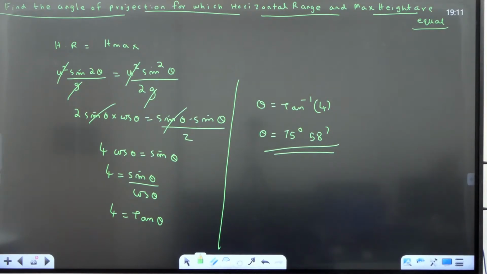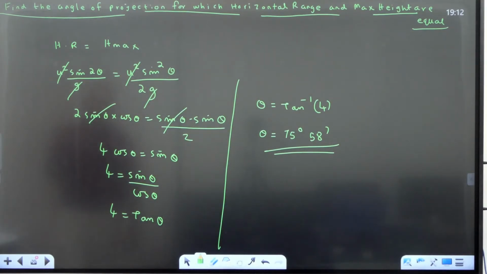You can use the direct equation: maximum height to horizontal range is 1 by 4 tan theta. Yeah, all of you note.